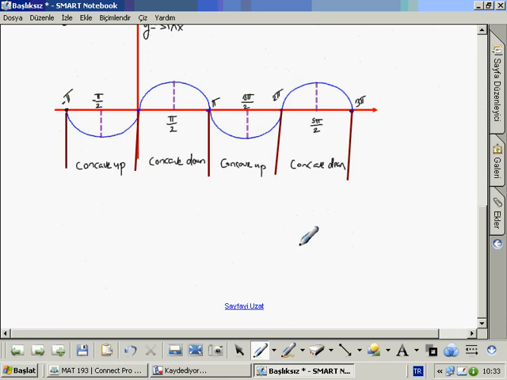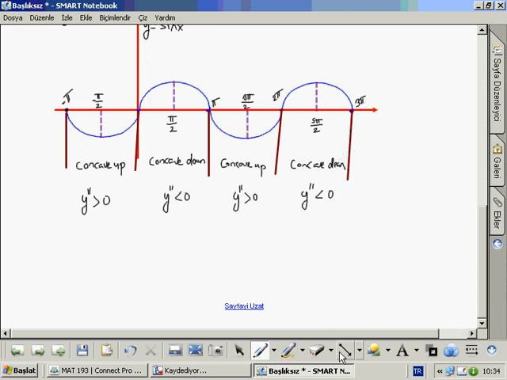And we can say that here y double prime is larger than 0, here y double prime is less than 0, y double prime is larger than 0, and y double prime is less than 0.